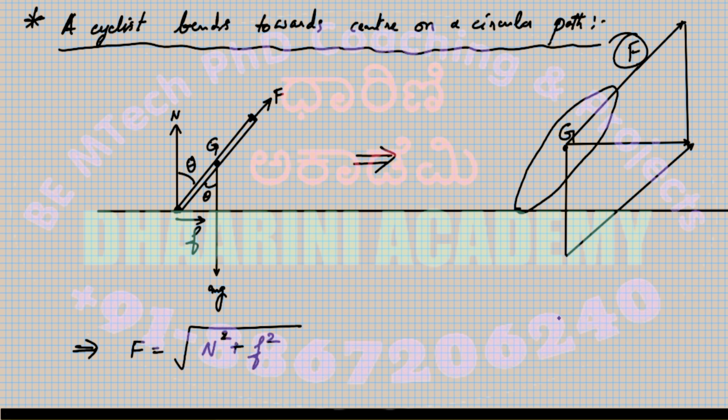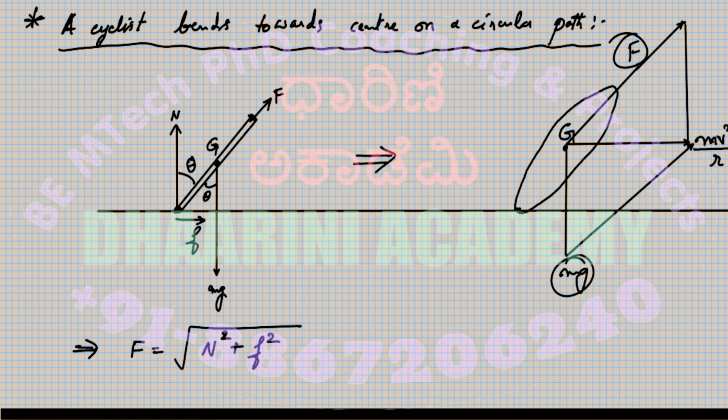This is mg. Resultant is horizontal. That's why the body is going to bend to the right. So the net force is this. That is the direction of the total force, denoted by m v square divided by r.